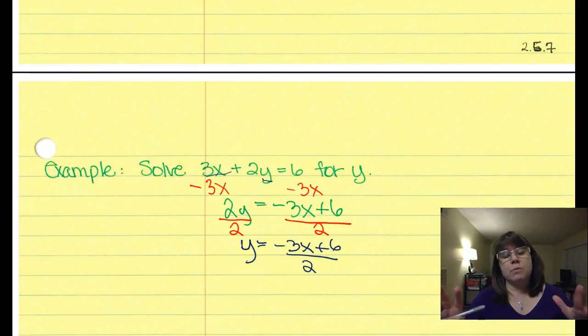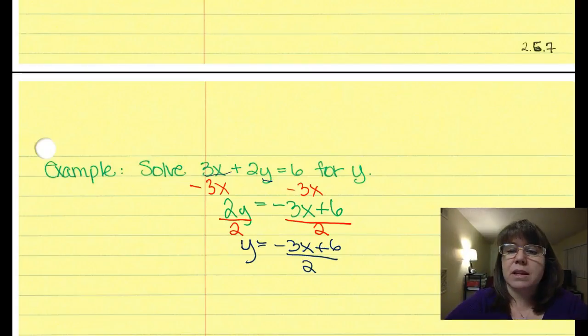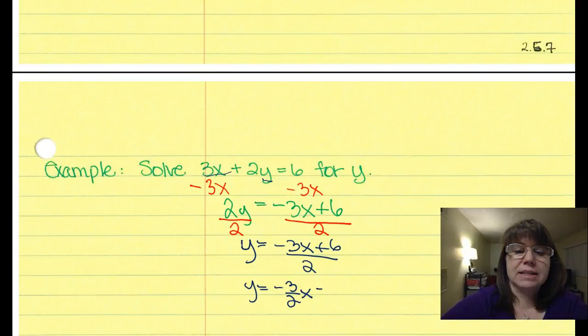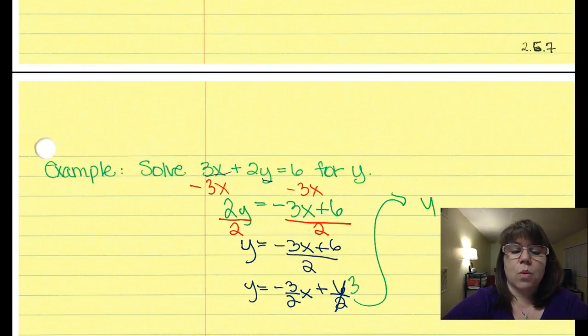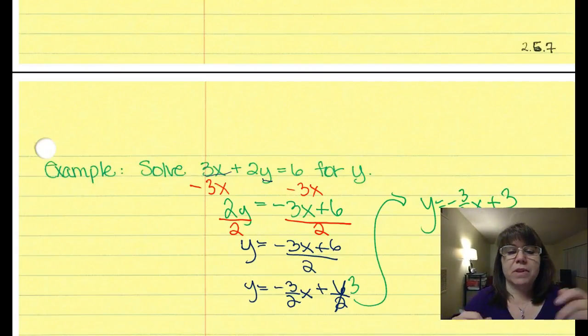Now you could leave the problem just as it is, or you could break it up, negative 3 halves x plus 6 over 2, but 6 over 2 is 3. So y equals negative 3 halves x plus 3. Either one would work.